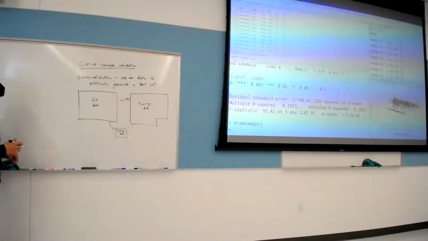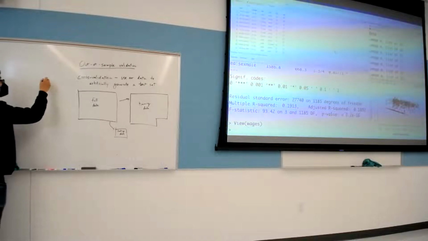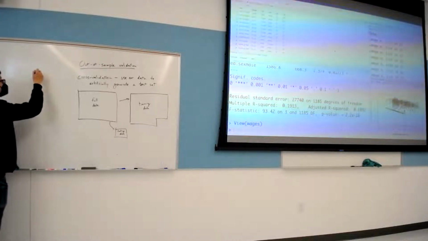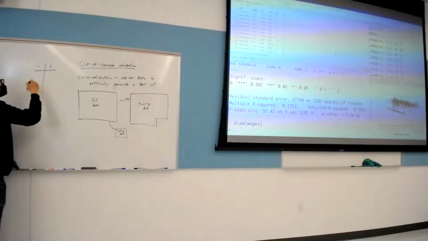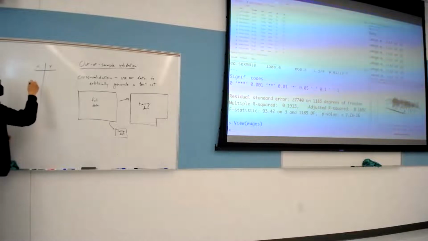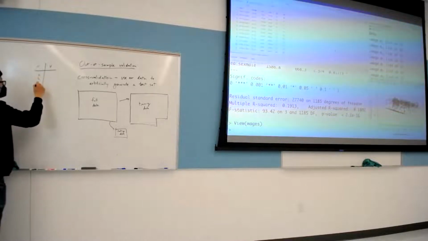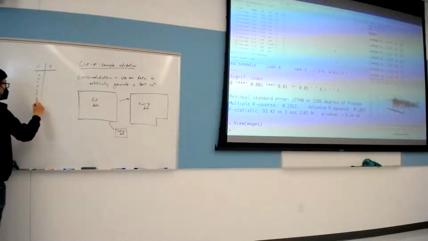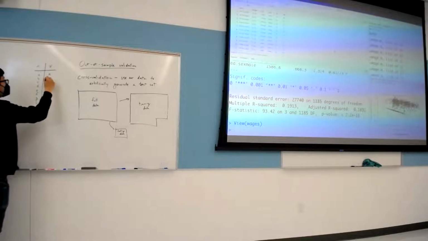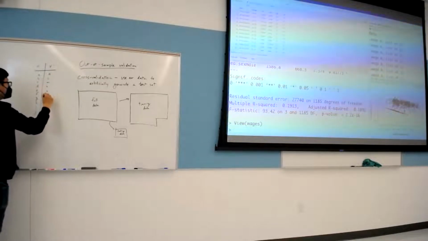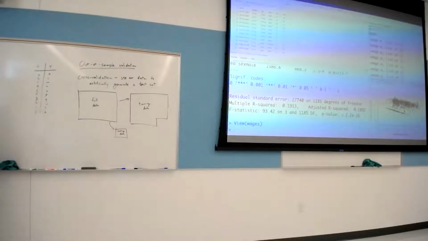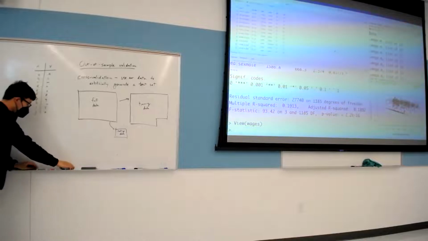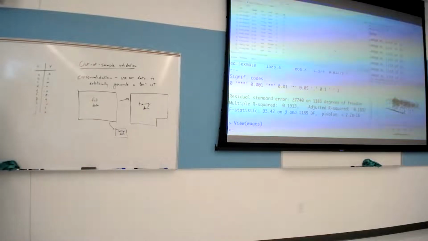So the basic idea might be something like, if I have X and Y, and I have a bunch of data in here, let's say A, B, C, D, E, F, G, H, I, J. Let's say I randomly divide this data.